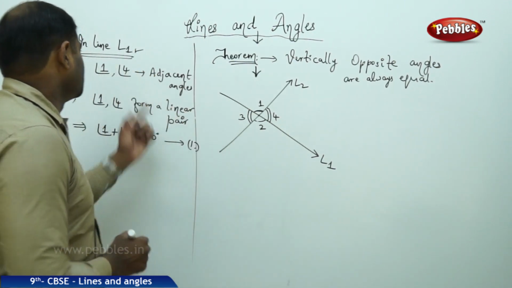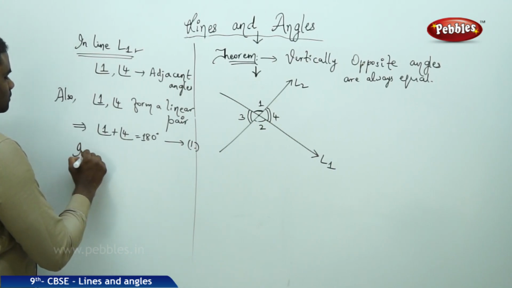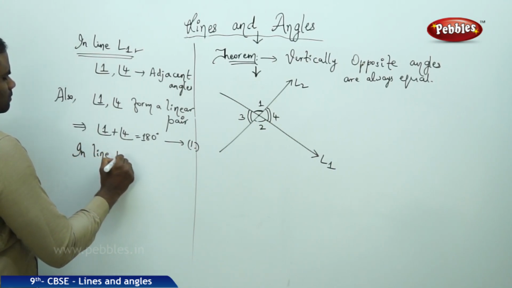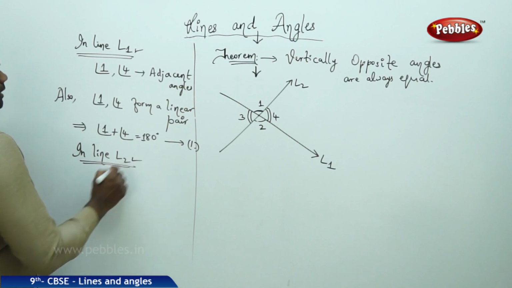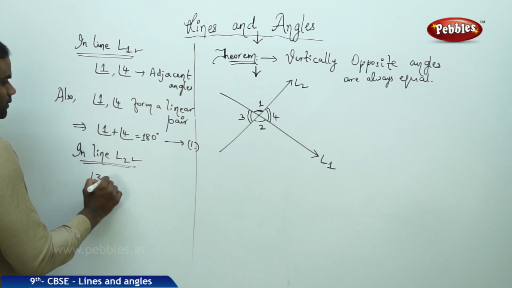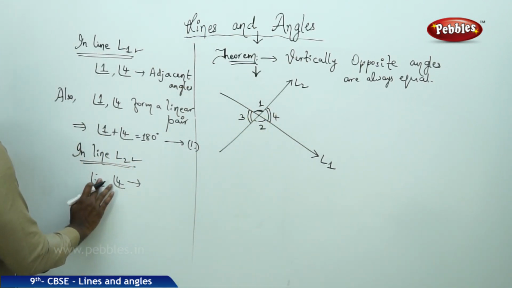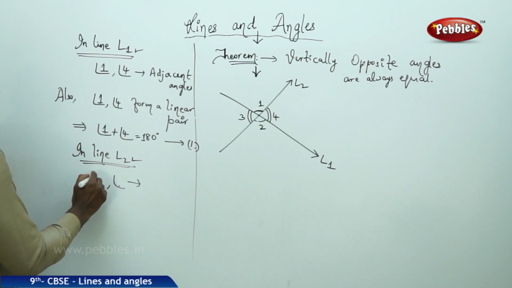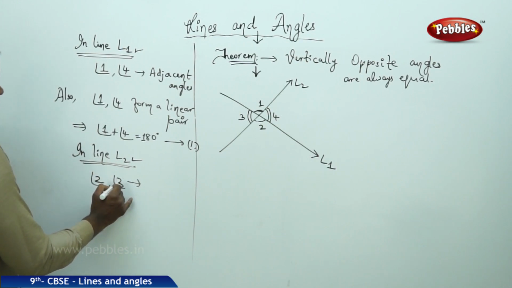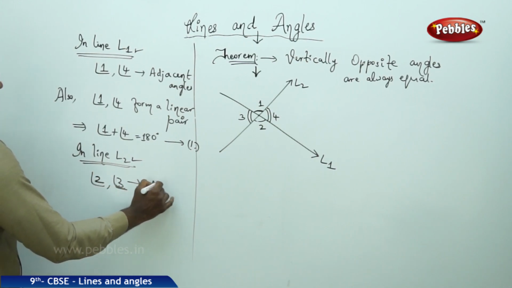Similarly, if I take the line L2, in line L2, angle 2 and angle 3 are adjacent angles.